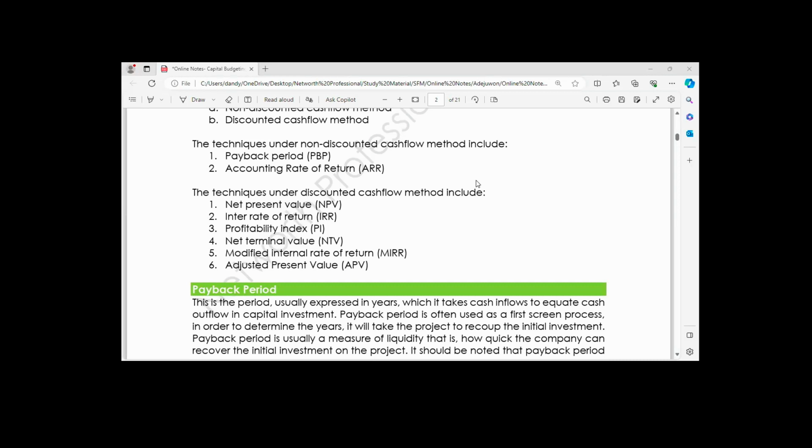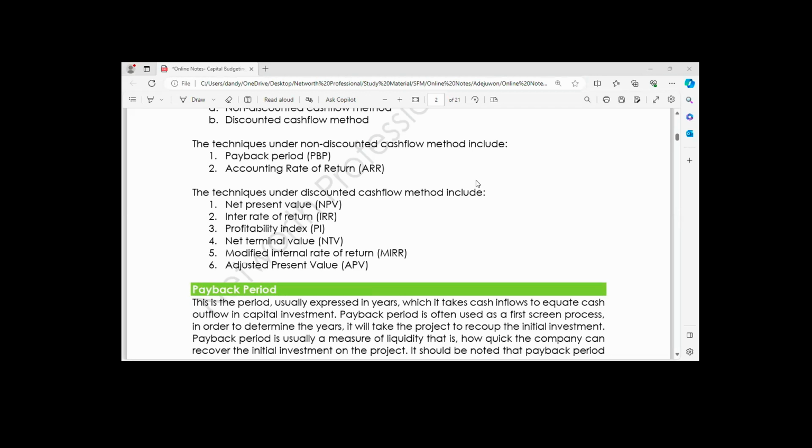Because NPV is a technique that is consistent with the shareholders' wealth maximization objective. We said that when you appraise a project using net present value, if the project is positive, the project should be accepted.